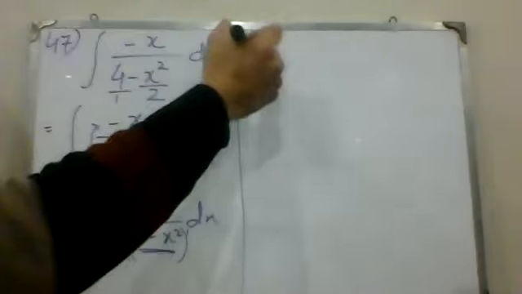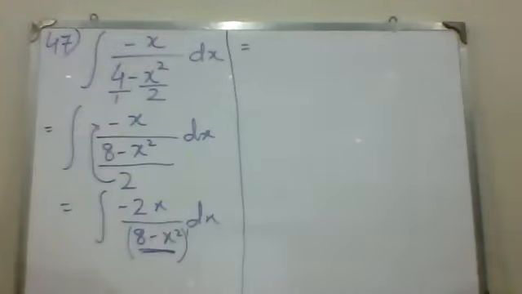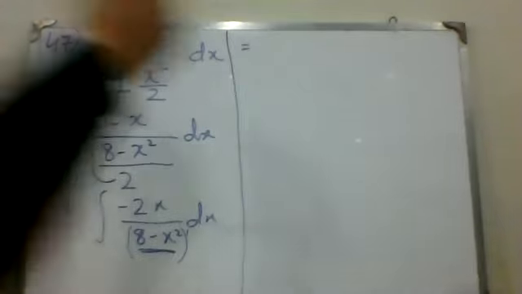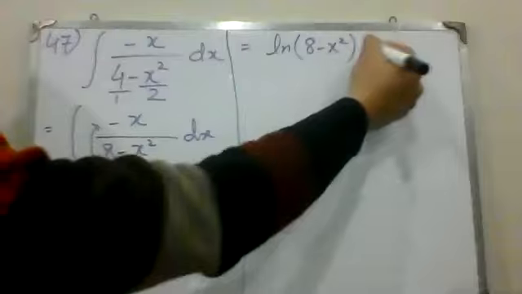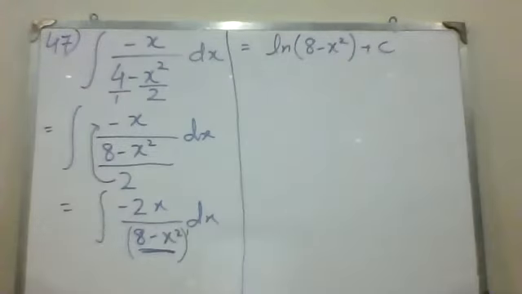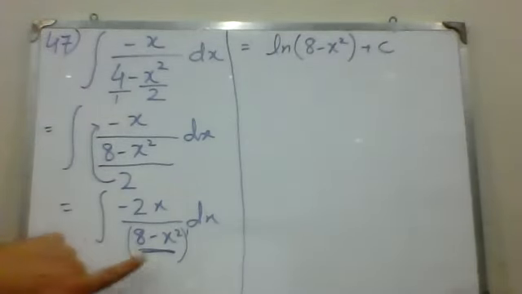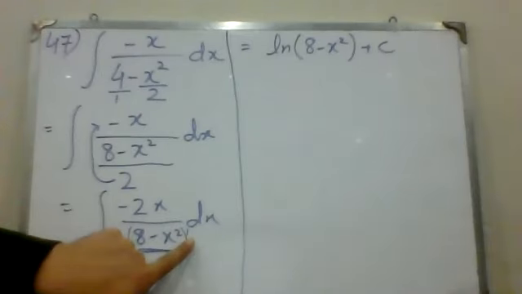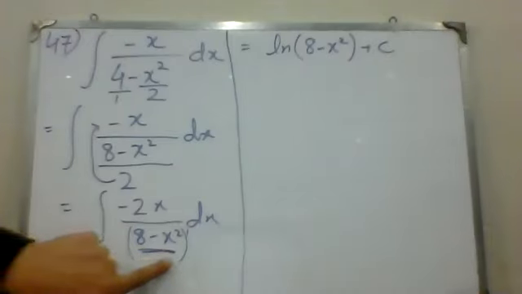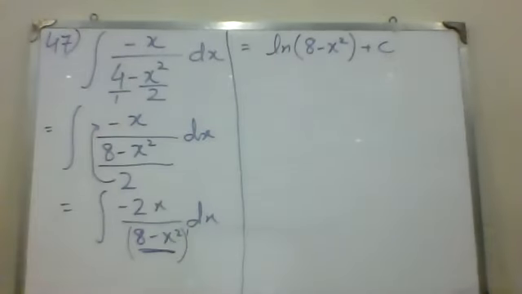So what will be the integral of that function? Sir, ln. Right, ln of 8 minus x square plus c. Very good, so that is the answer. If the derivative of the denominator function is present in the numerator and its whole power is 1, then we can write that term as a natural log. That is the way to solve the problem.